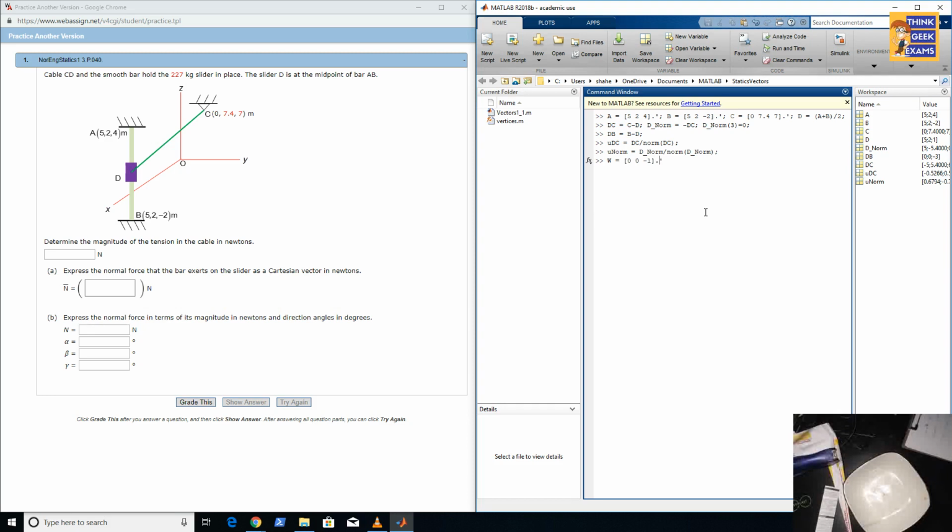Let's do this in the vector form, and then we have the weight is 227 times 9.81 times this. This is our weight. So the U matrix is going to be UDC, U norm, and weight. These are the directions of the forces.